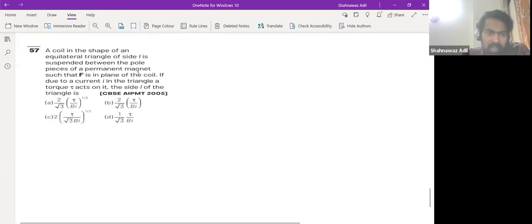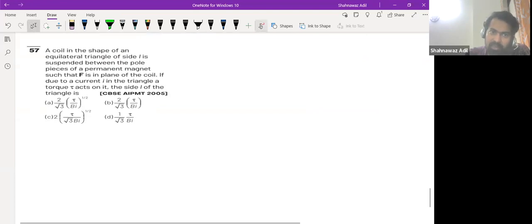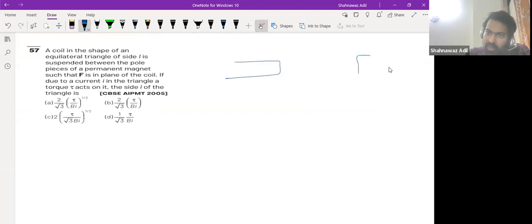So we have two permanent magnets. One is this and one is this. Let's say this is north, south. So the magnetic field is flowing like this.